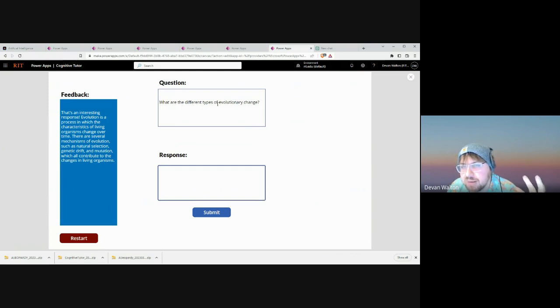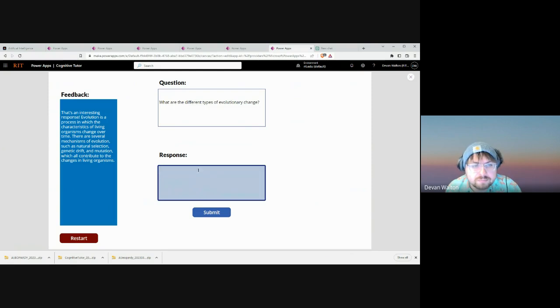What are the different types of evolutionary change? So it's pushing us to look at the feedback, reflect on that feedback, and then it asks a question that tries to remediate what we got wrong in the last question. By this combination of asking a related question and providing feedback, the idea is that you can help students work through misunderstandings.